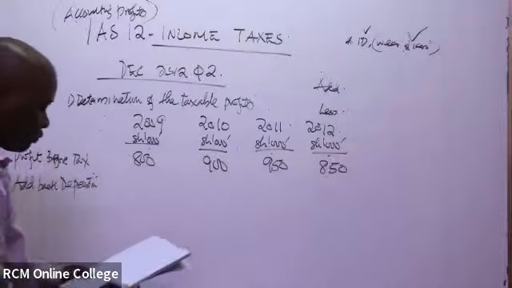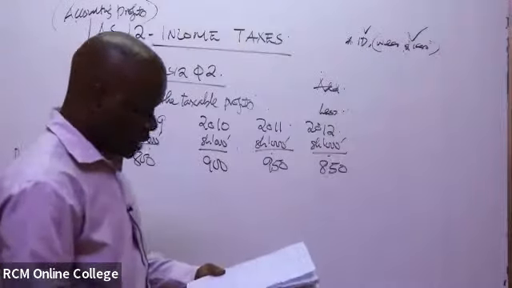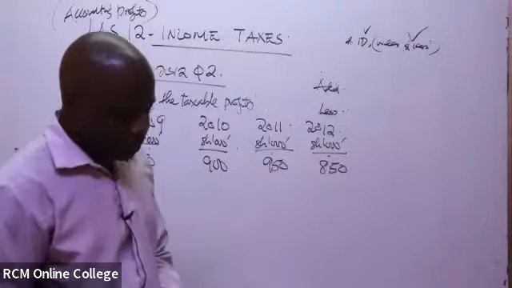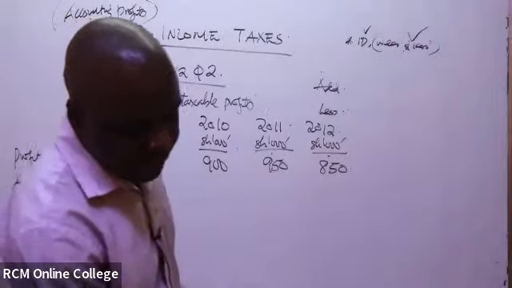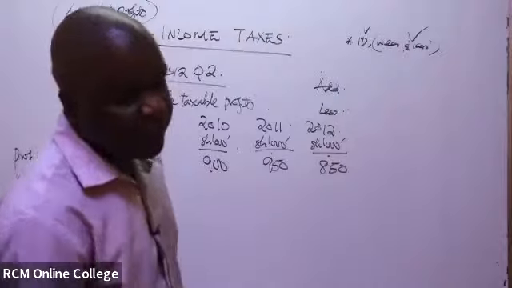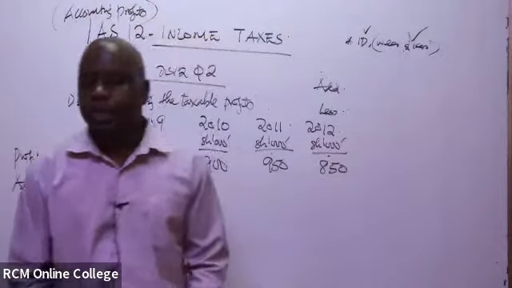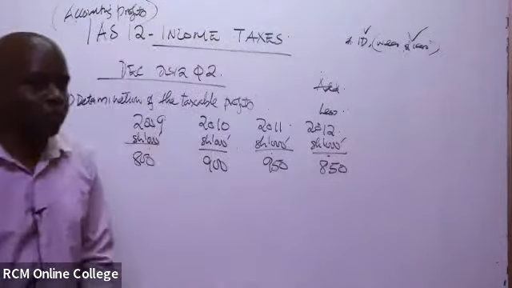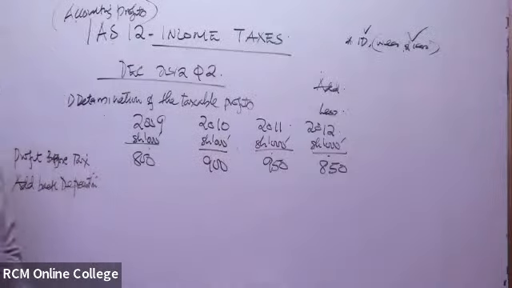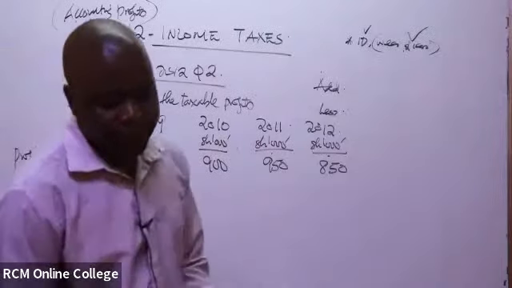And we have been told that depreciation was on a straight line basis, 25% per annum on the cost of this equipment. So our depreciation will be how much? It was 25% per annum straight line.